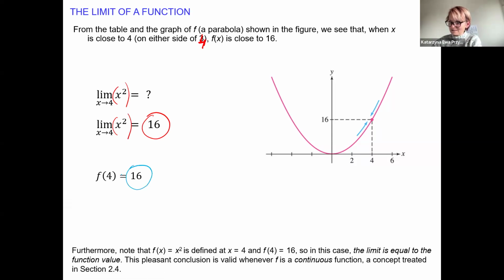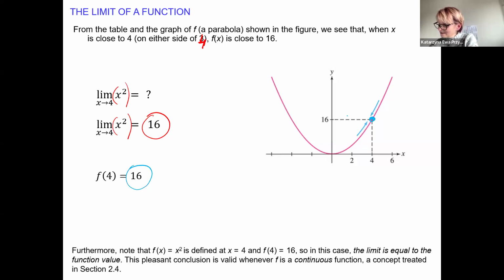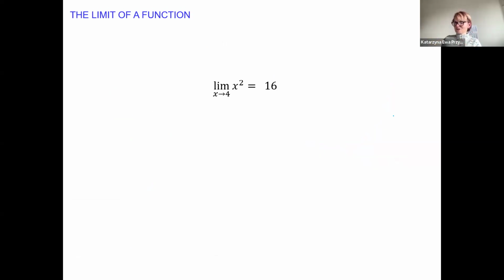And the value is also 16. But we know the difference. We definitely know the difference. The red one, the limit, is where we are approaching. The blue one is exactly the value. Actually, I can put exactly the dot. That's exactly that. The red one is the approaching situation.